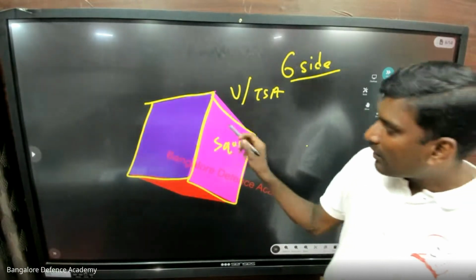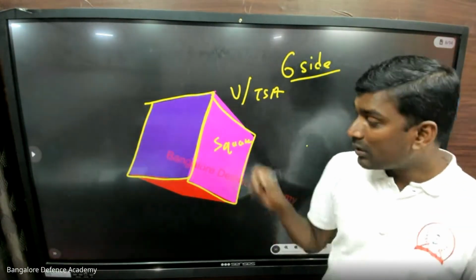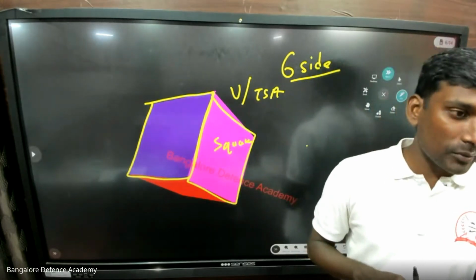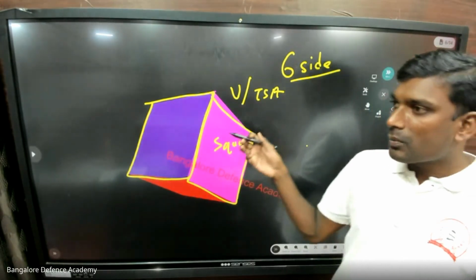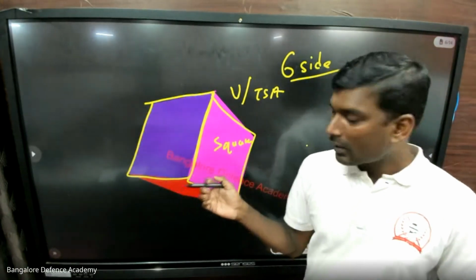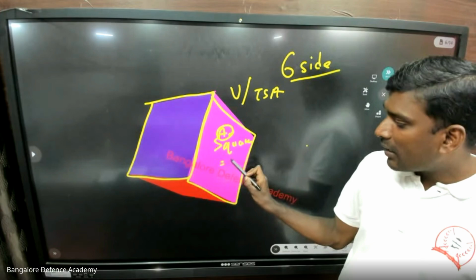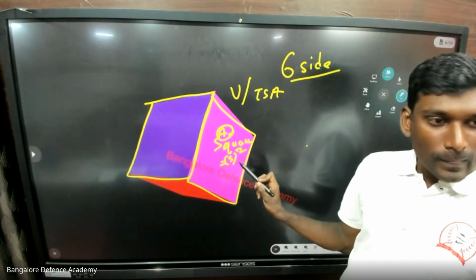Now if I say that I want to paint this side, what is the area of this? What formula will you use? Area of square or area of rectangle? Area of square. What is area of square? Side square.